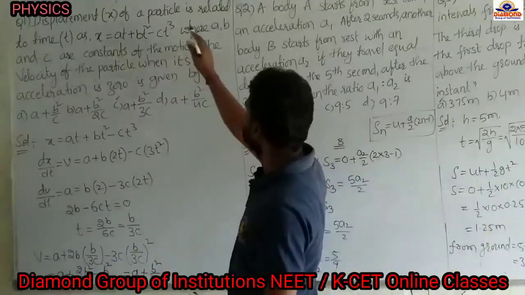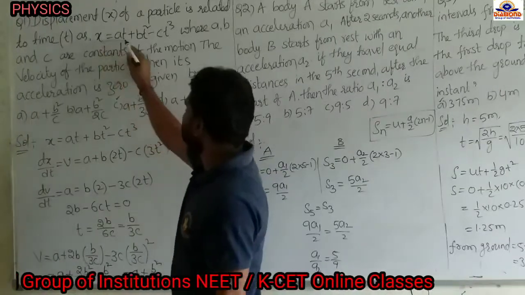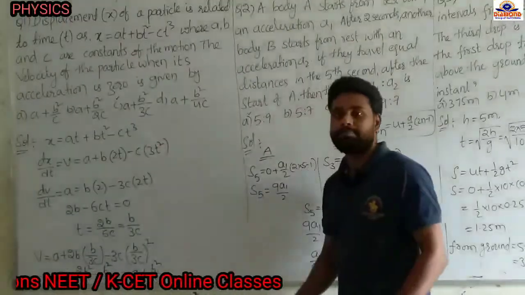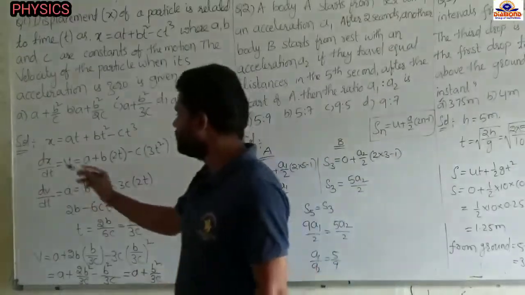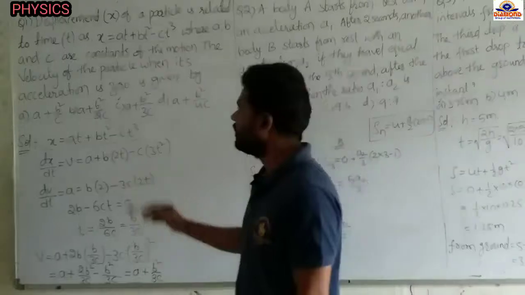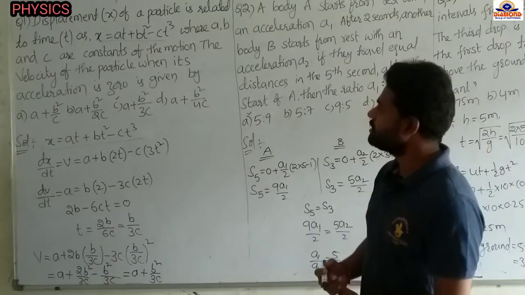A displacement of a particle is related to time t as x equal to at plus bt square minus ct cube. Here displacement is given as a function of time, where a, b, c are constants of the motion.